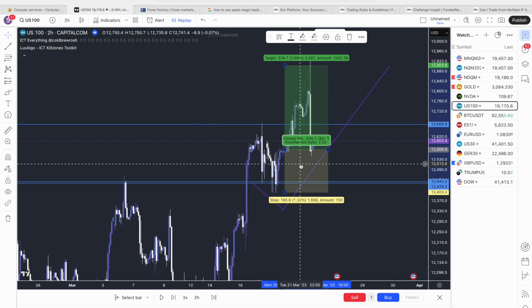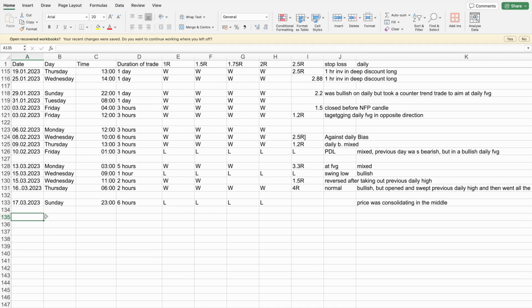So we entered on Monday. I think it was the 20th. Oops. 23, Monday at 14. Duration of the trade was around 2 days, exactly 2 days to be precise. The maximum potential held was around 2.3, 3.4 hour.